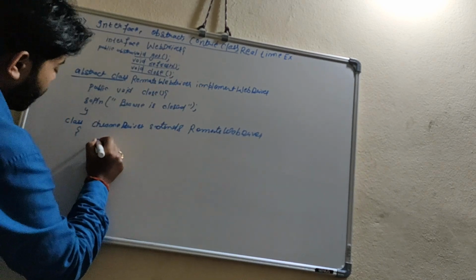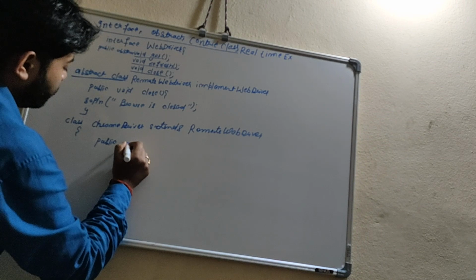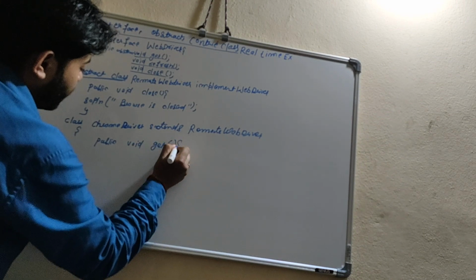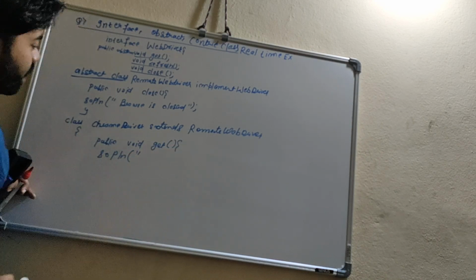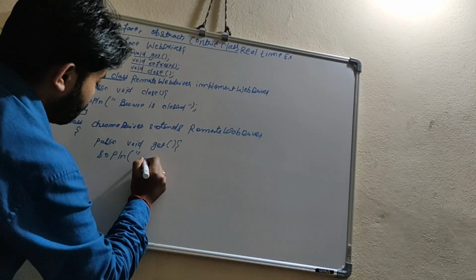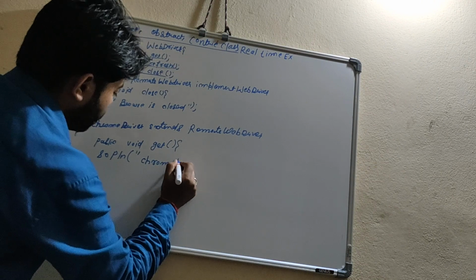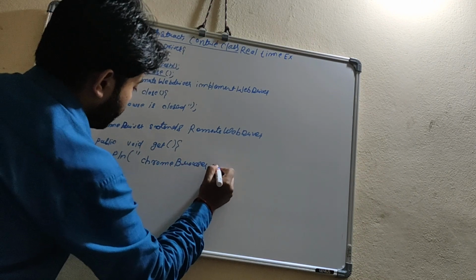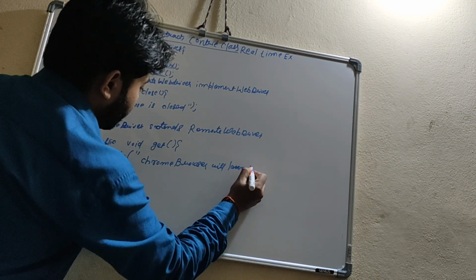So public void get, and the implementation here is: Chrome browser will launch.